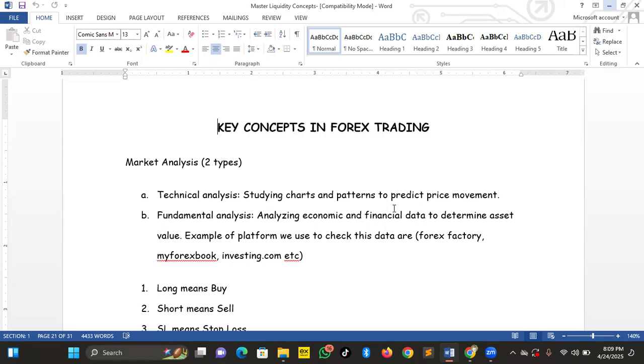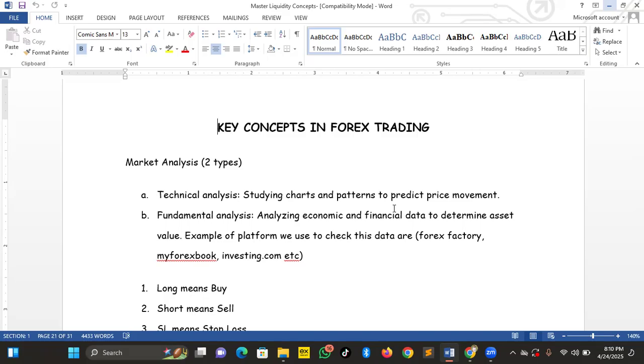This is us analyzing the economic or financial data of a particular currency or country, whether the economy might be good or bad. Based on the news coming out, we expect the price to push up or drop, comparing different currencies together. It's the value of the currency of any particular instrument you'll be trading.